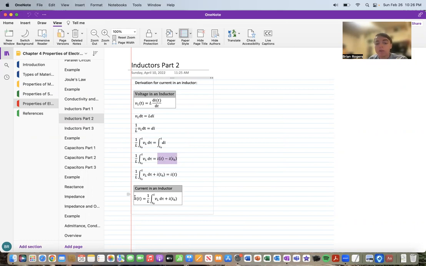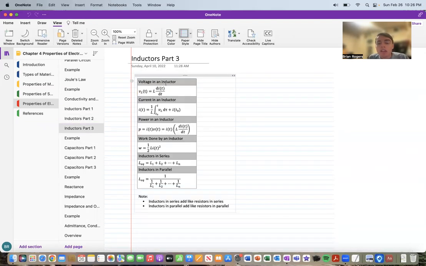And you can solve and get the equation now in terms of your current at any time for the inductor. And so what we see here are the first two equations for the inductor. For power for an inductor, remember, power is equal to I times V. So we can plug in what we know for V, which is L times di/dt. So we just did that here. The work in an inductor is given by 1/2 the inductance times the current squared.